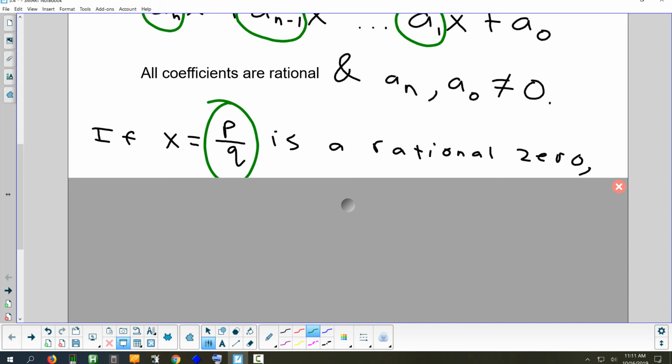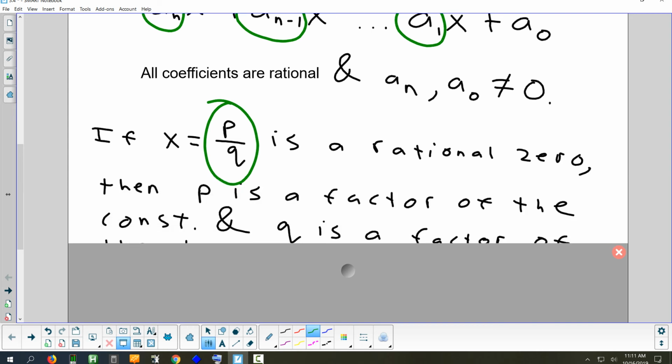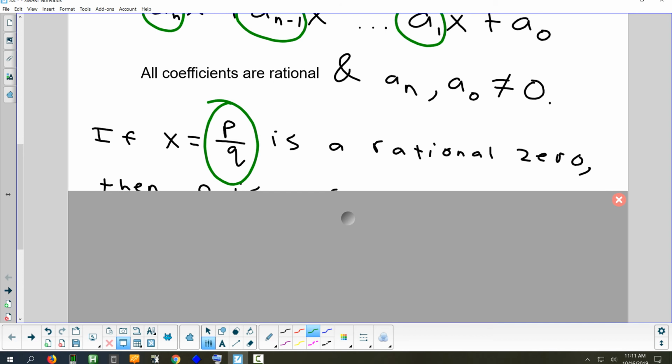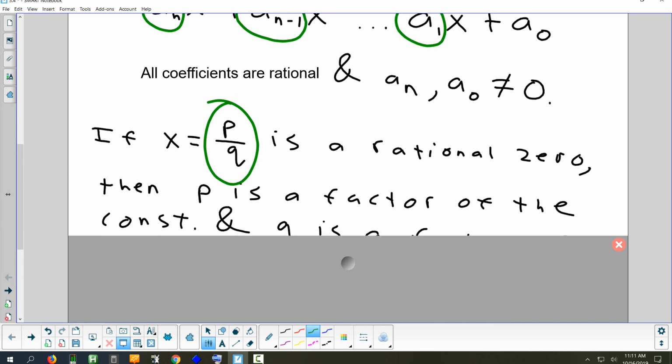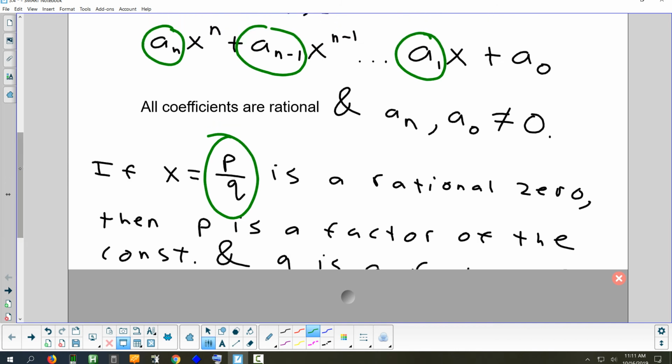Well, I'm going to tell you what P and Q are. If you find a root that's a fraction in your polynomial, the numerator has to be a factor of the constant. It has to be. So the numerator will be a factor of the last term.